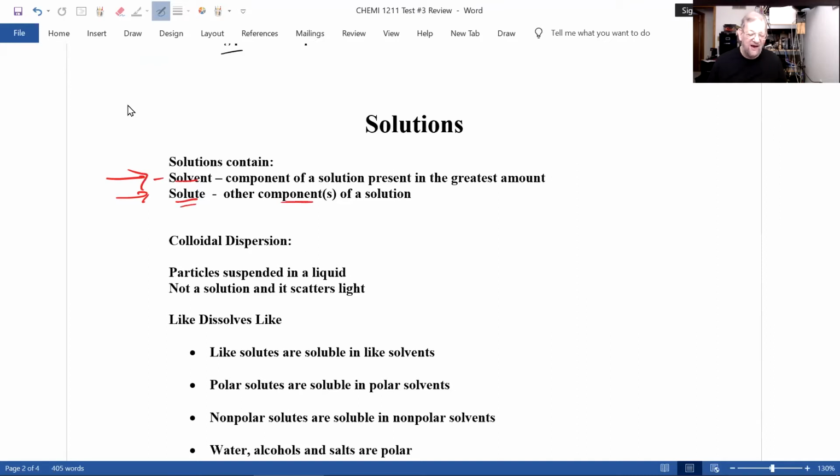So if I were to have 25 grams water, 10 grams sugar, and 5 grams, let's say, sodium chloride, which are the solvent or solvents and which are the solutes of that solution? I'm going to share and let you have some fun.